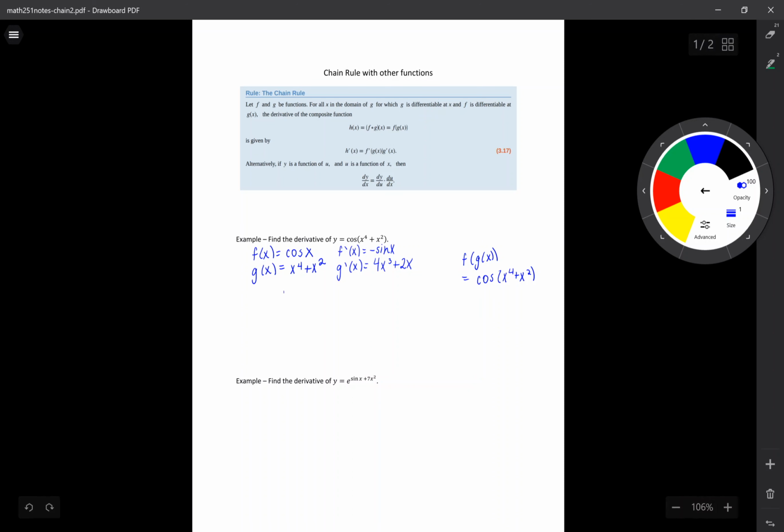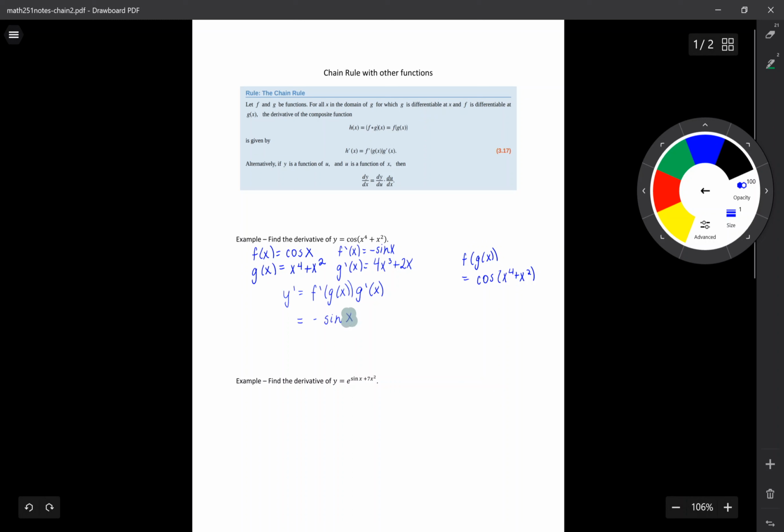And now we can just plug into the chain rule. So we know that y prime equals f prime of g of x, the derivative of the outer function, times the derivative of the inner function g prime of x. So f prime here is negative sine of x.